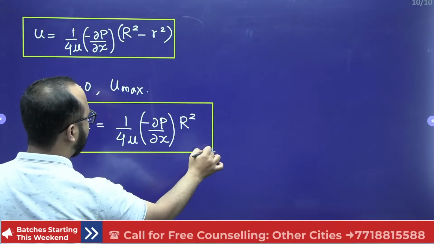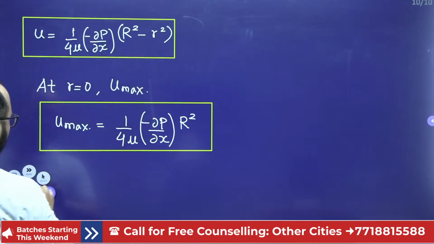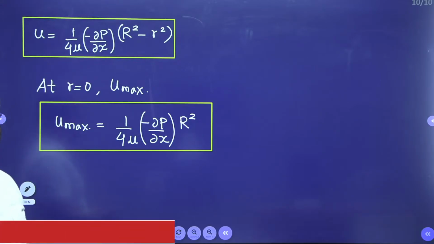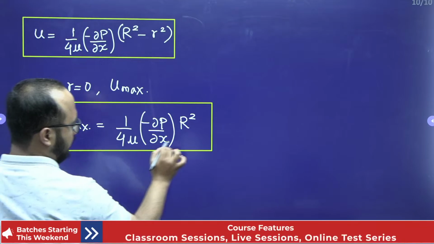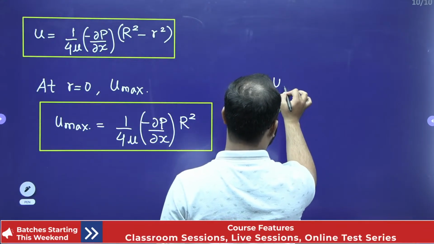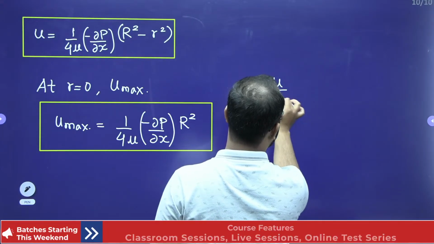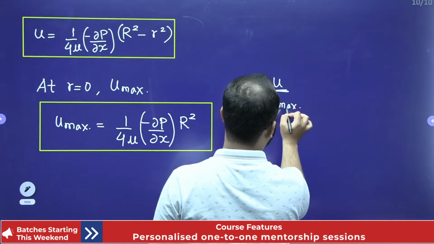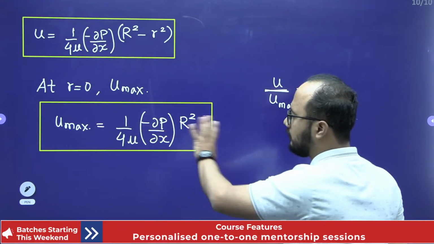Now if I divide both of these relations, what will I get? A very important relation. Here I should write U by U max equals, so this 1 by 4 mu, minus dou p by dou x, will get cancelled out.